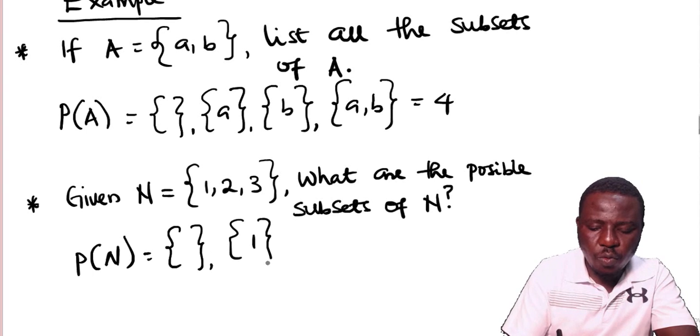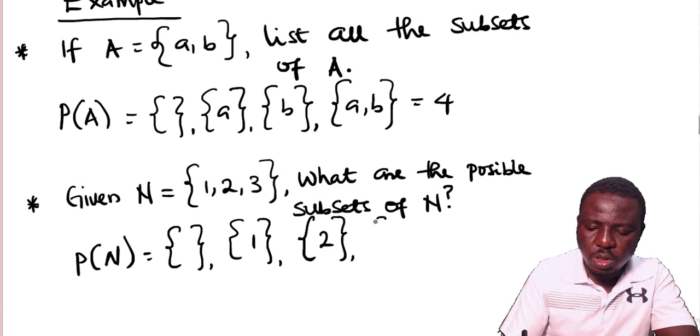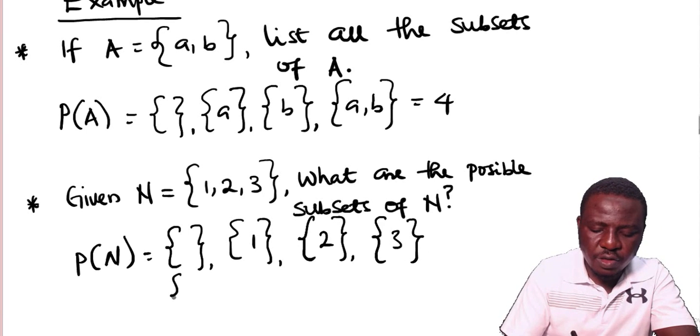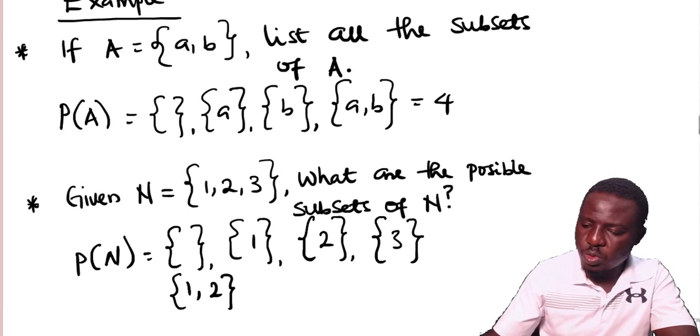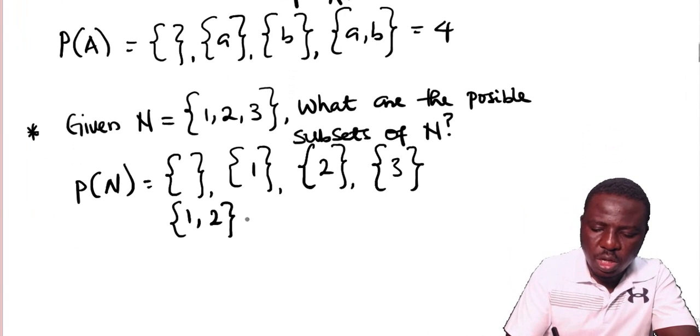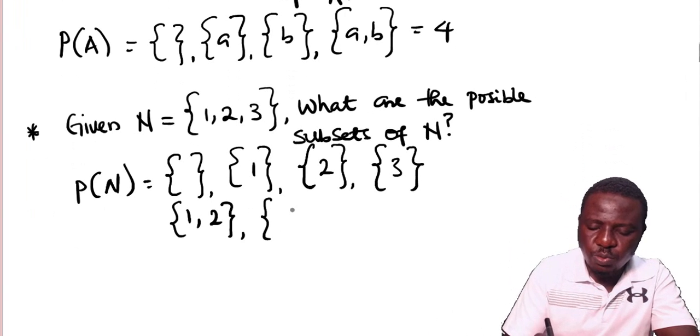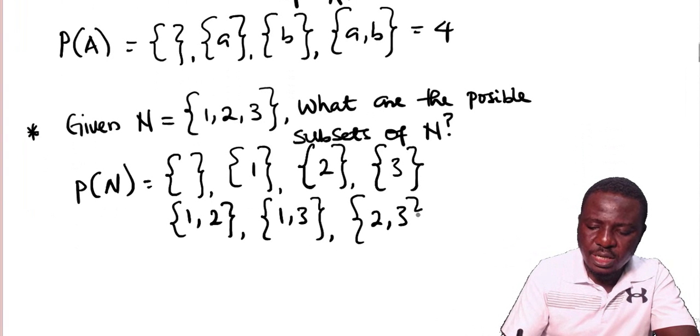We have 1, 2, 3 alone. I equally have set 1, 2 as possible subsets. I have 1, 3. We equally have 2, 3.